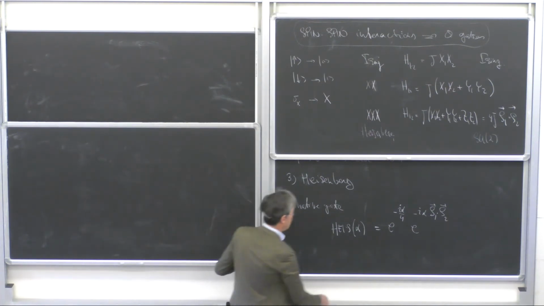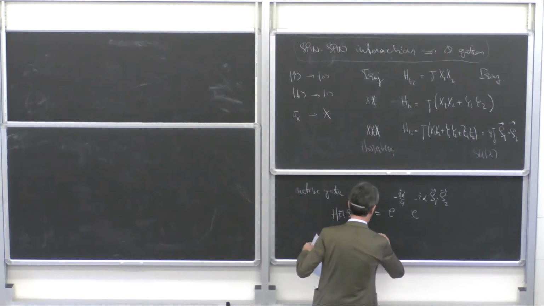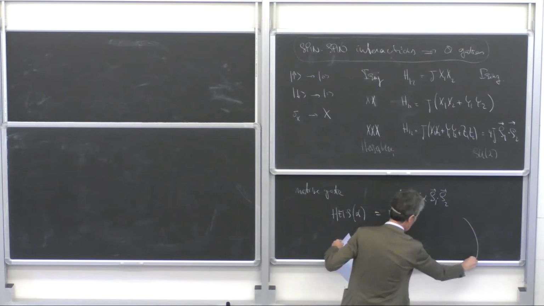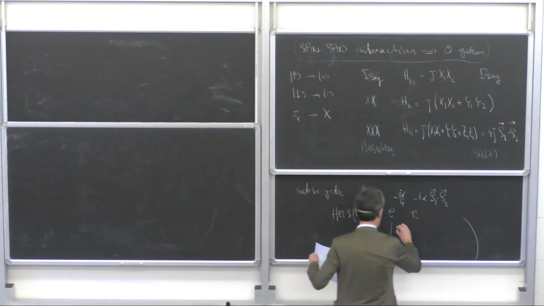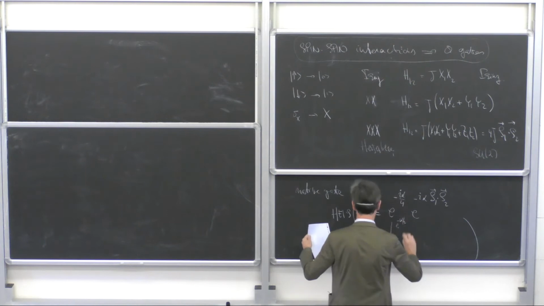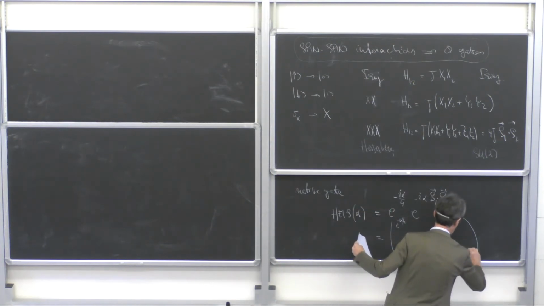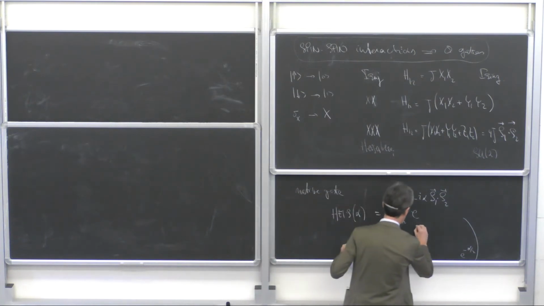Now, to be explicit, let me actually give this whole thing again as a 4x4 matrix, so you know what we're talking about. I hope it fits over there. So there's an e to the minus i alpha over 2 in the corners, also down here. And then there's lots of zeros here.